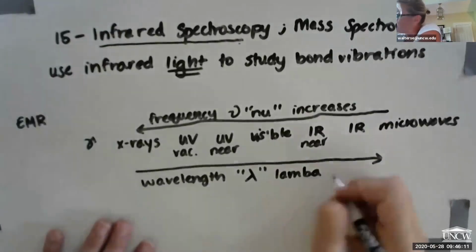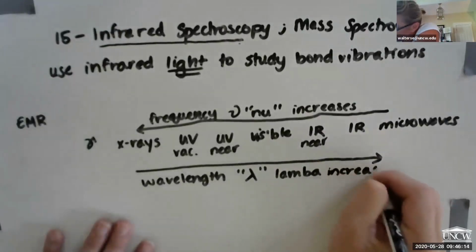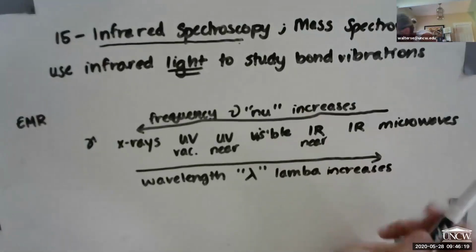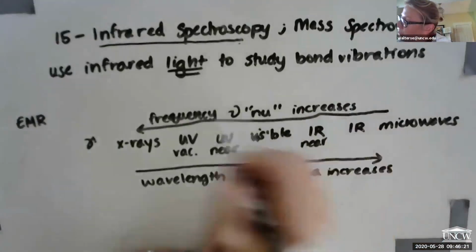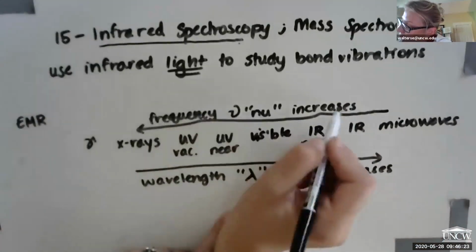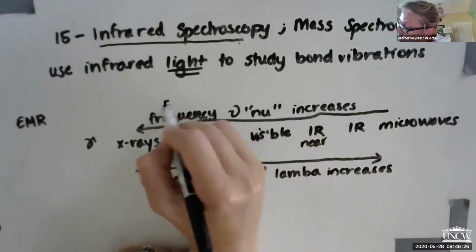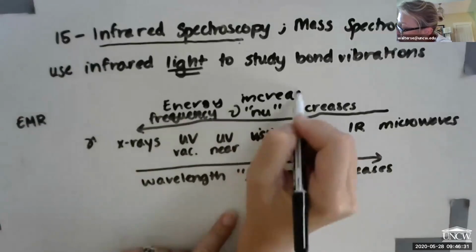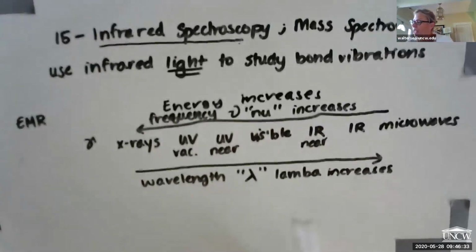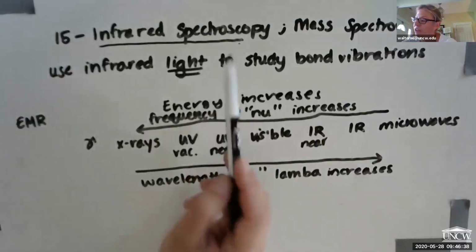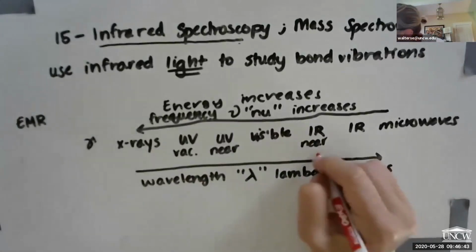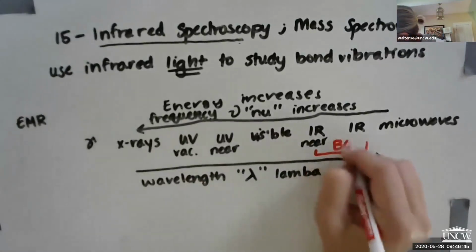So they're oppositely related. When you look at the infrared spectrum, frequency increases right to left, and energy increases right to left. Different types of light cause different types of behaviors in the molecule. So infrared, like I said, affects the bonds.